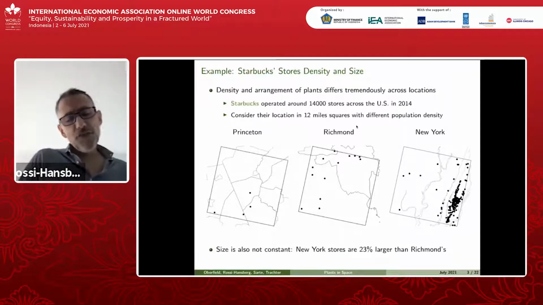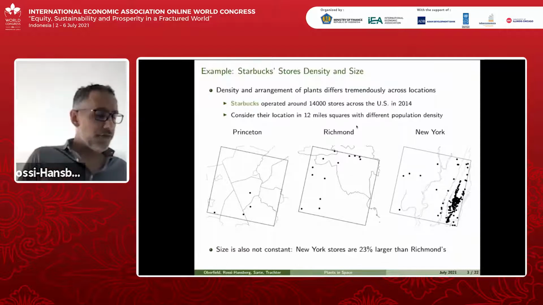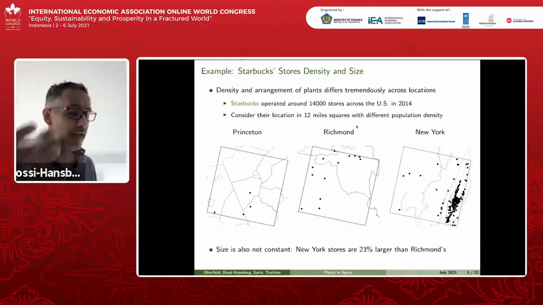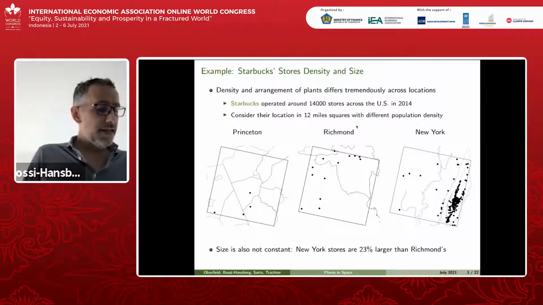It's smaller, and so you could think, well, yes, of course, the density of plants is just following the density of population, but there's a lot of variation in the size of these plants as well, or the size of these stores, or in this case, coffee shops, where in New York, they are quite a bit bigger, for example, than in Richmond.